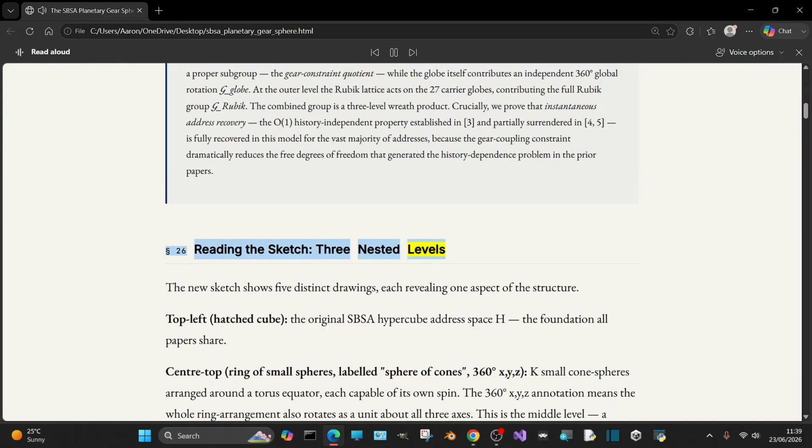Three nested levels. The new sketch shows 5 distinct drawings, each revealing one aspect of the structure. Top left, hatched cube: the original SBSA hypercube address space H, the foundation all papers share.